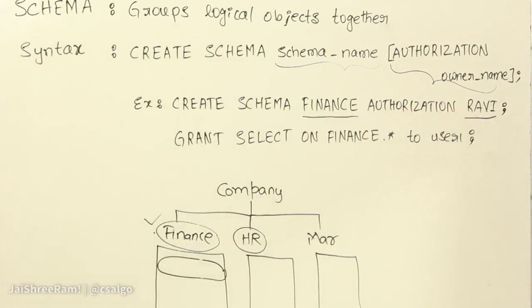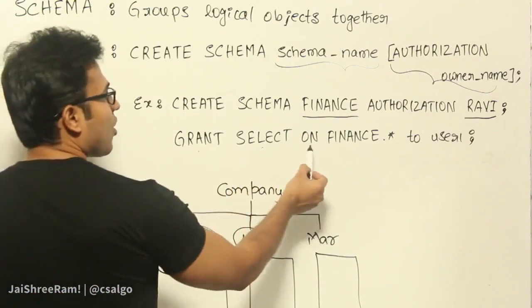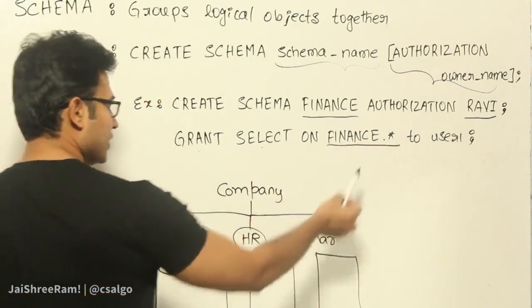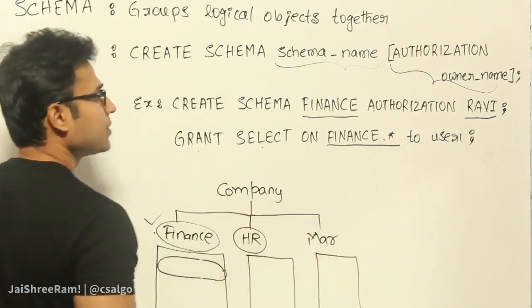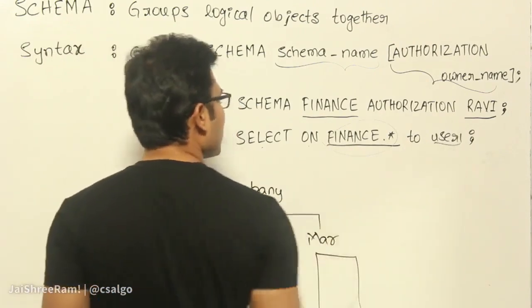Got it? Similarly, after creating a schema, you can also grant access to some users like this. GRANT SELECT ON finance.* TO user1. So finance.* means everything that is present within this finance schema will be given to user1. What does it mean?